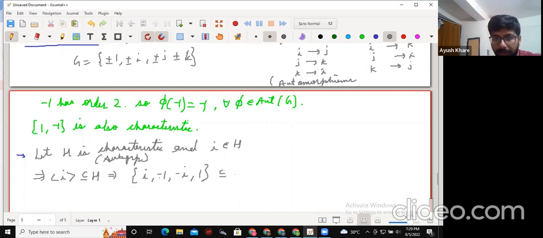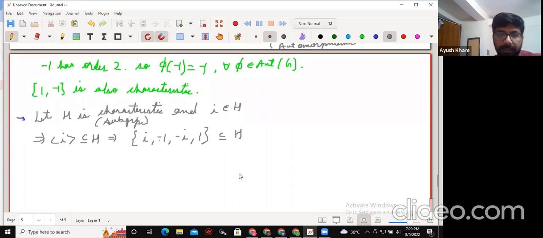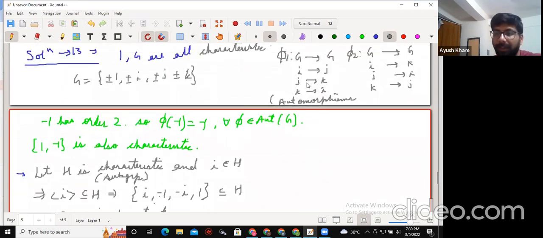Now we are given that H is characteristic. Therefore, even phi 1 is enough; we defined phi 2 unnecessarily. So phi 1 of i must also be inside H. But what was our phi 1 of i? Phi 1 of i was j, right?